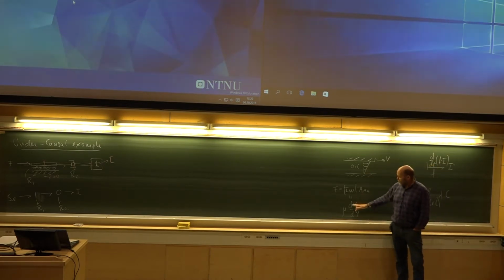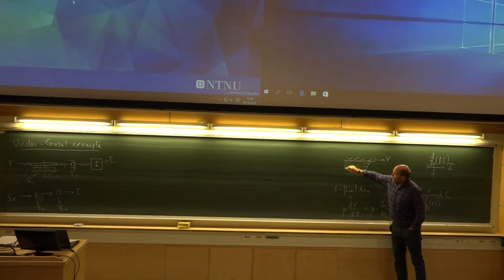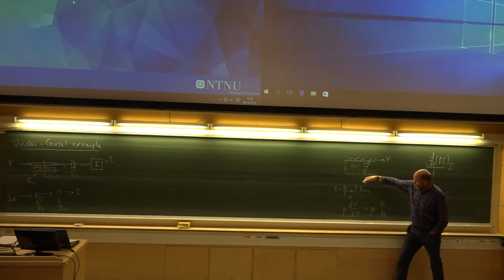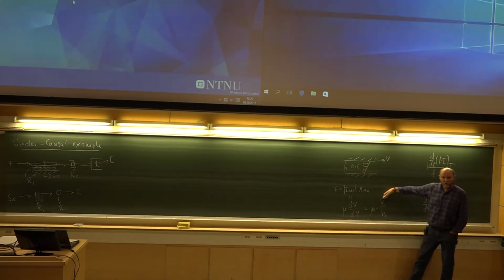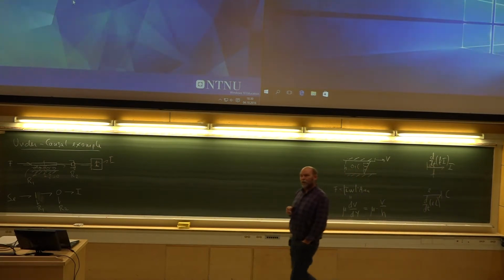And here this one is linear, so it will be equal to mu multiplied with velocity v divided by the gap h. There you see force will be proportional to the velocity. Linear damper. You see?